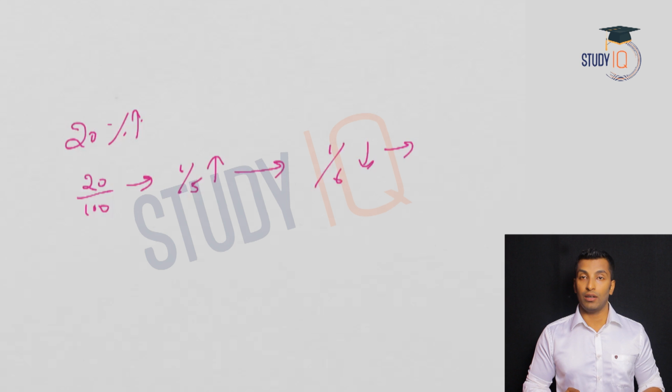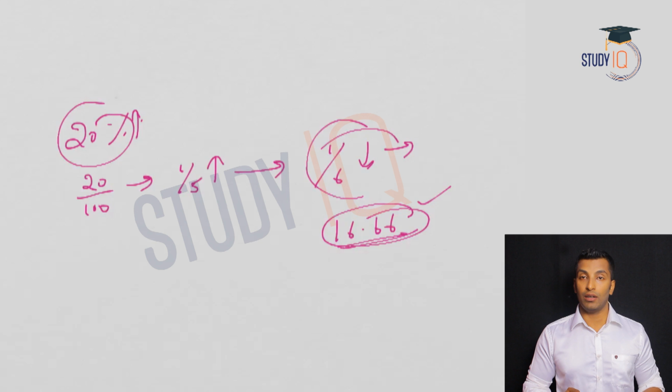So 1 by 6 means what? Now this calculation we can do like this. 1 by 3, all of you know, that is 33.33, right? So 1 by 6 will be half of it, that means 16.66. So that's what you get. So 20% increase will lead to 16% decrease, and 20% decrease will lead to 25% increase.